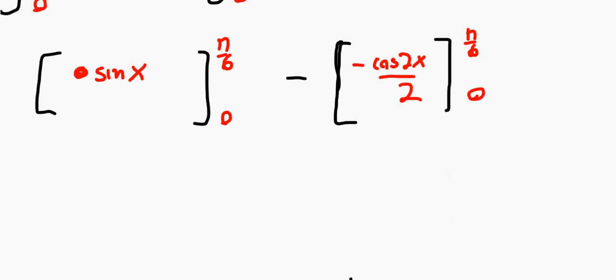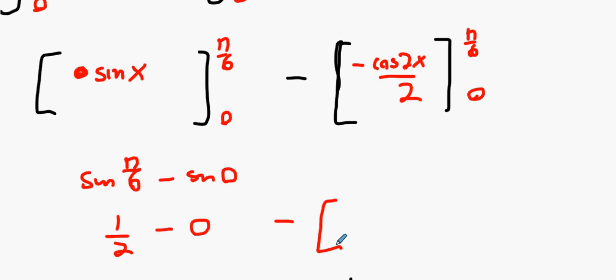Alright, sine pi over 6, which I know to be a half, minus sine 0, which I know to be nothing. Take away minus cos pi over 3 divided by 2, and minus cos 0 over 2.